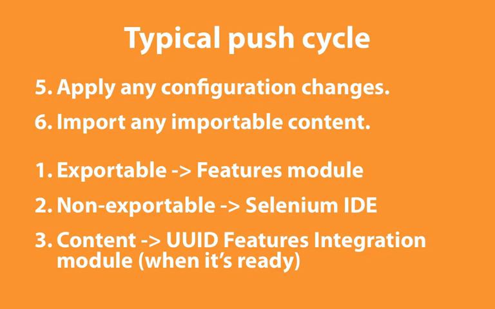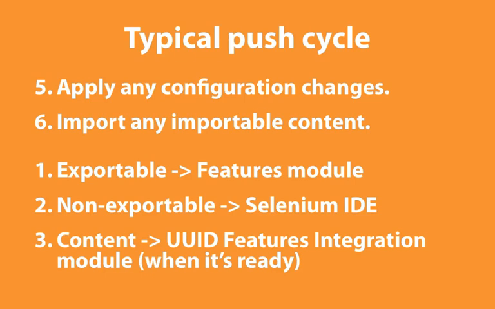Now, the reason this is needed is because content doesn't usually have a unique identifier. Nodes have NIDs and users have UIDs, for example, but those UIDs and NIDs can point to different pieces of content or different users on your development site than they do on the production site.